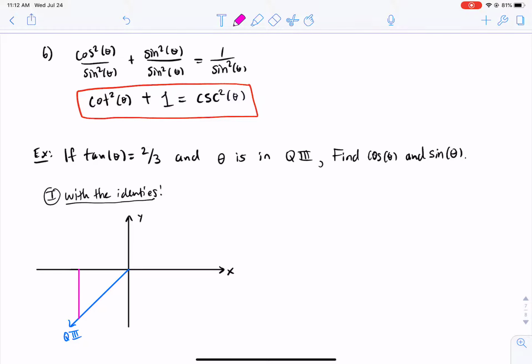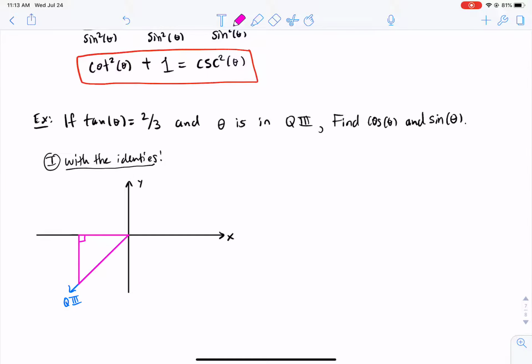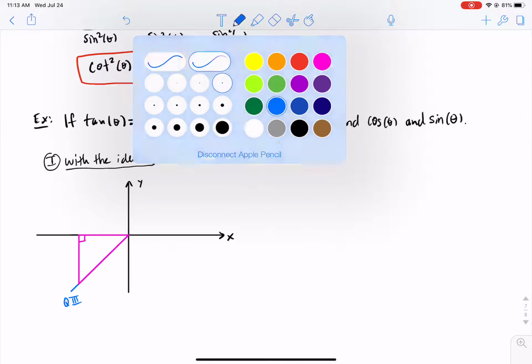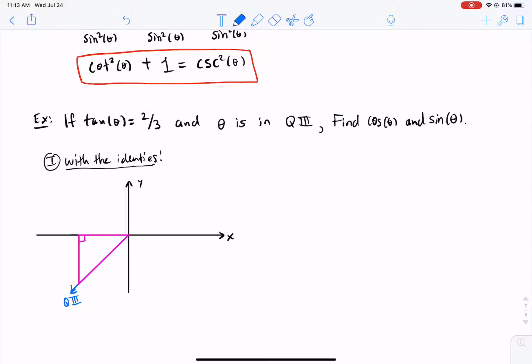So here is a right triangle. But you see how I created it in the third quadrant? I used the fact that theta was in the third quadrant. All I did was use this to create a right triangle there.